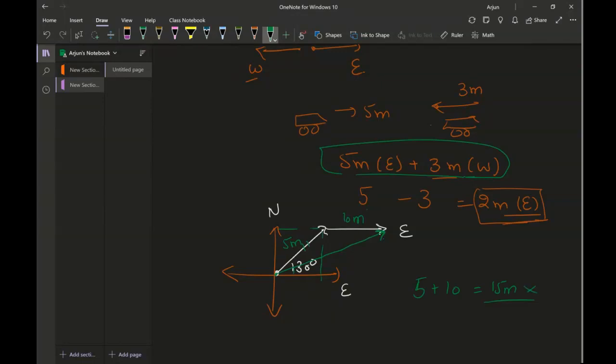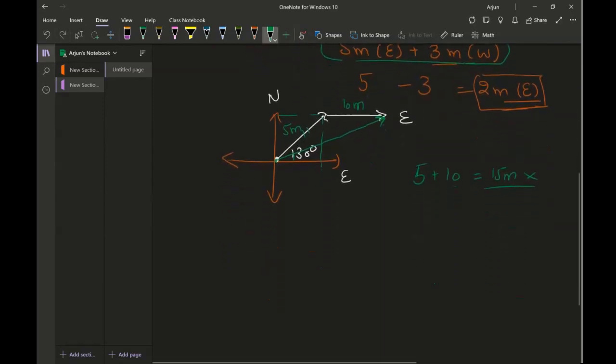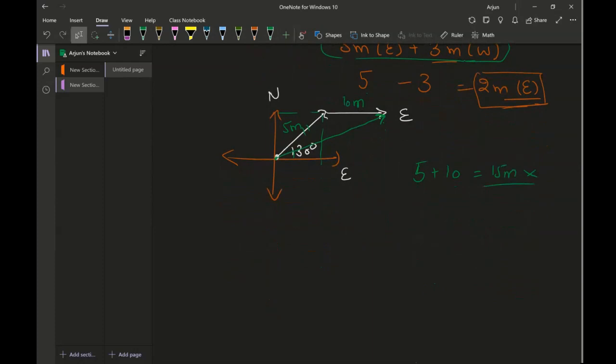That's not how we can add vectors in two dimensions. To add vectors in two dimensions, we have to use the component method. That's one of the ways of resolving vectors in 2D.